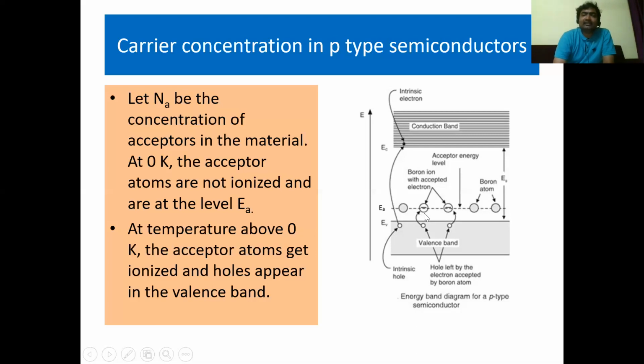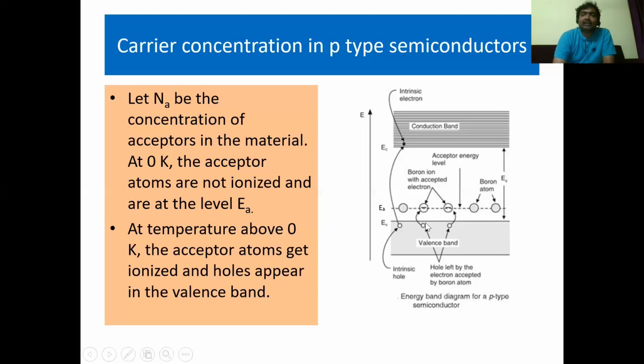Why minus sign? As temperature increases more than 0 Kelvin, some of the electrons are accepted by these boron atoms. So after receiving this electron, this atom becomes an ion. As electron is received by this particular boron atom, then consequently a hole will be formed in the valence band.